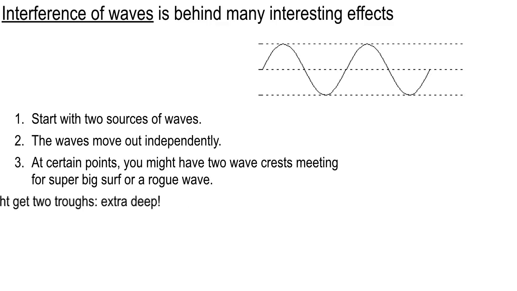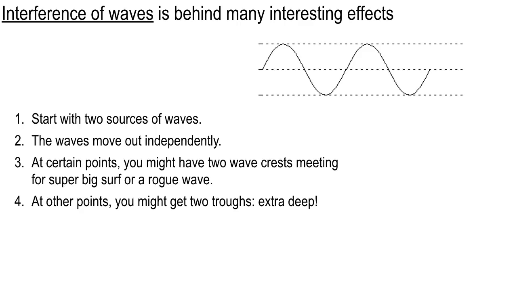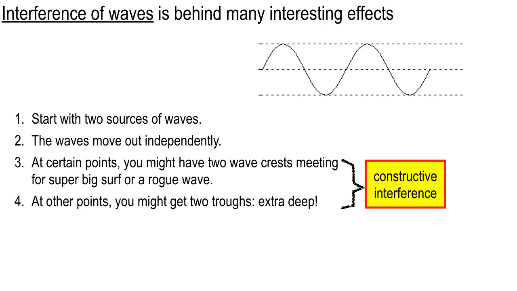But at other points, you get two troughs that meet, and then the trough is extra deep. Those two situations, peak to peak, trough to trough, from two different sources, are what we call constructive interference.